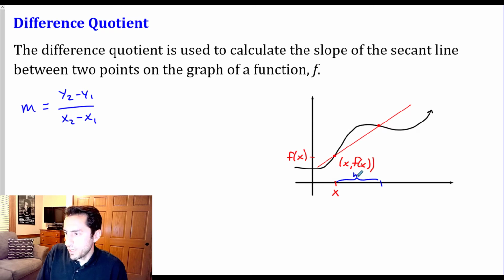So that means that this x value is x plus that change there. So this is x plus h. And now that I've identified that, I know that the y value that matches up with this is going to be whatever my function is of x plus h. So then this point, we have coordinates x plus h, and then f of x plus h.